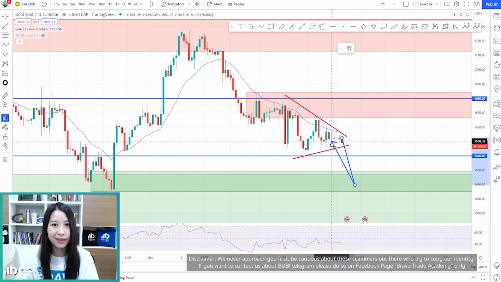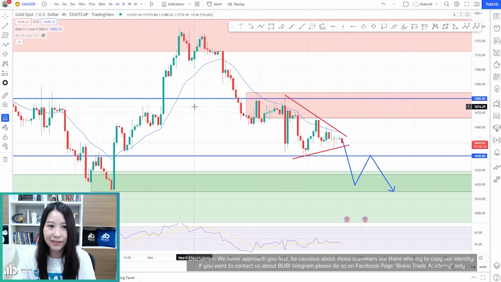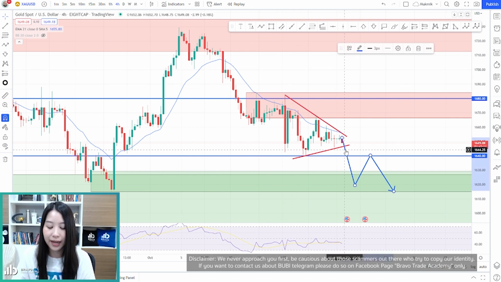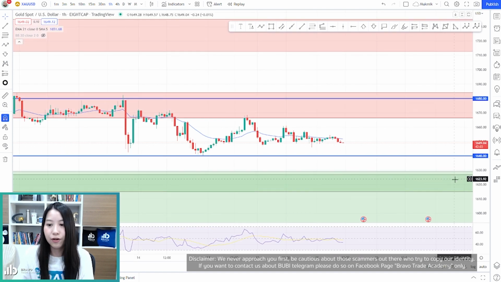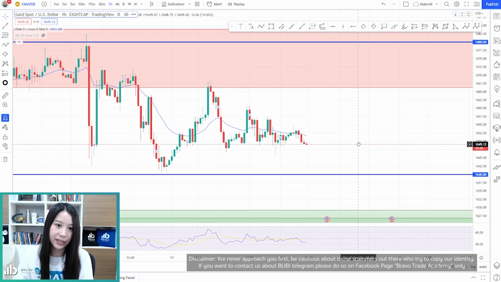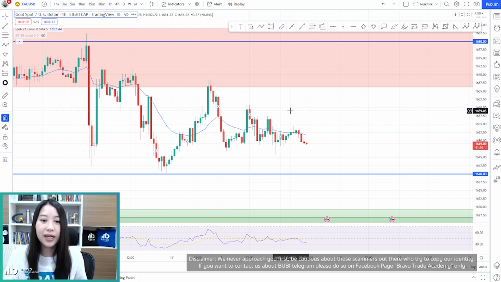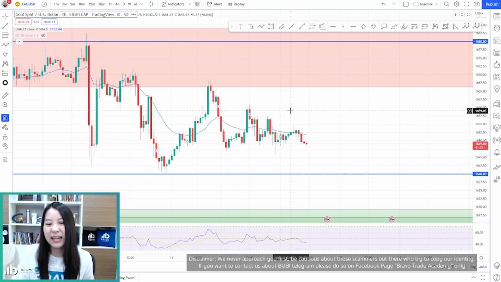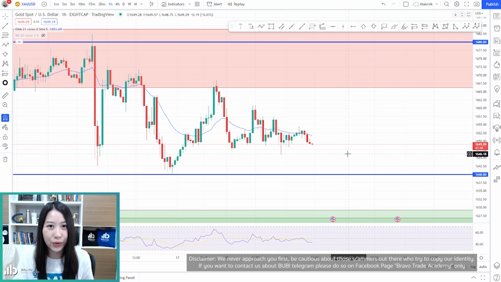Once it leaves this sideways position, it will continue as the former trend, which was the downtrend. So there's more chance that the price will continue to drop down. Let's find the entry point for selling, because we are closer to the supply zone and the demand zone is really far away. So I would say we will be focusing more on the selling side at the moment.